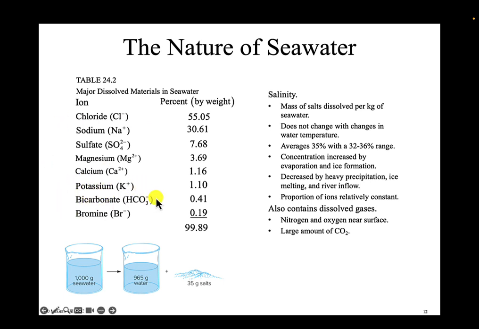Remember that the oceans are a big reservoir of CO2, and that's because the CO2 is dissolved into bicarbonate. Okay, so CO2 combines with water, forms carbonic acid, which quickly dissociates into bicarbonate and hydrogen ions. There are other things that also make up seawater, such as magnesium and calcium, which are other types of minerals that we can find in that seawater.